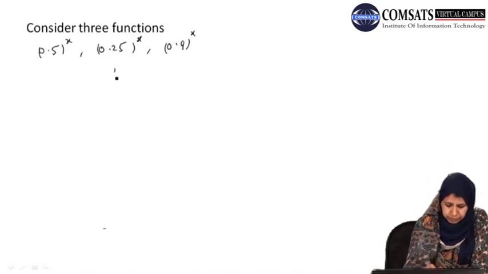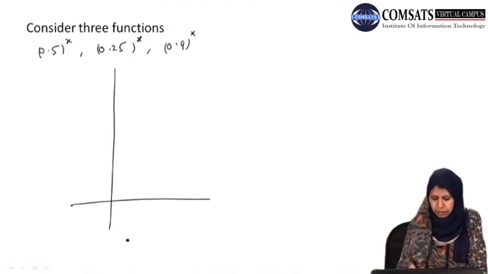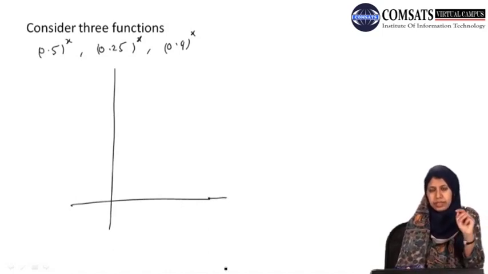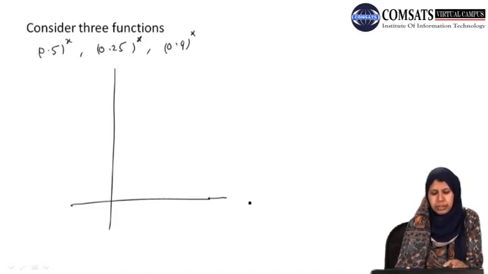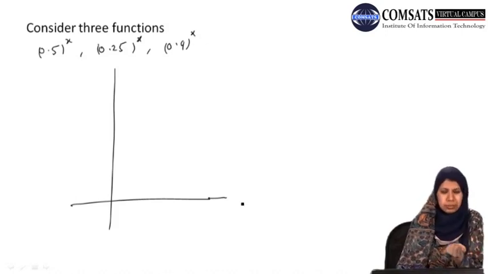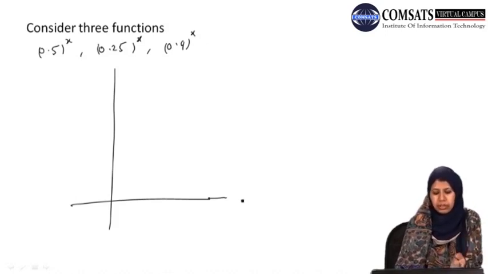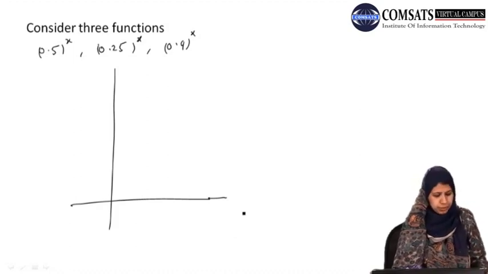And I will not give the values of these x and y, but you have to take the values of x, let's say 0, 1, 2, and 2 negative values, minus 1 and minus 2, for each of the functions.